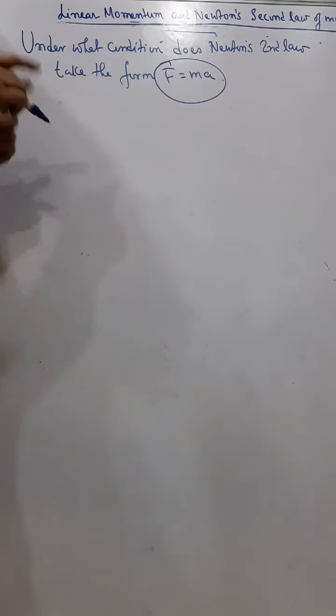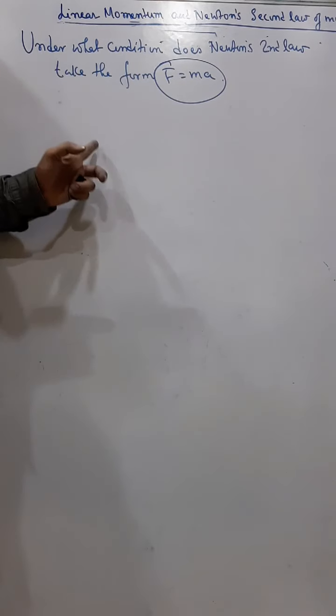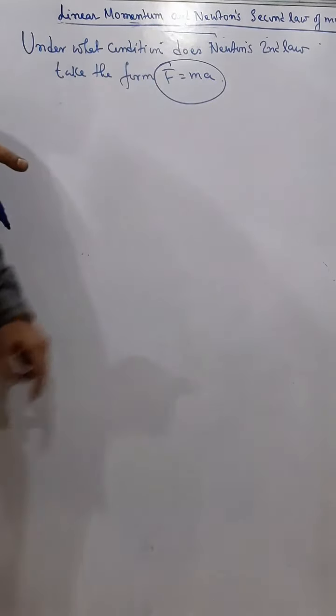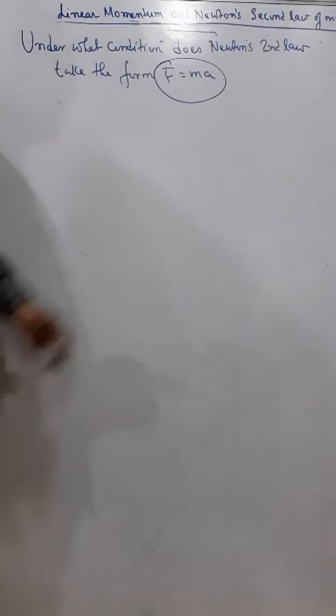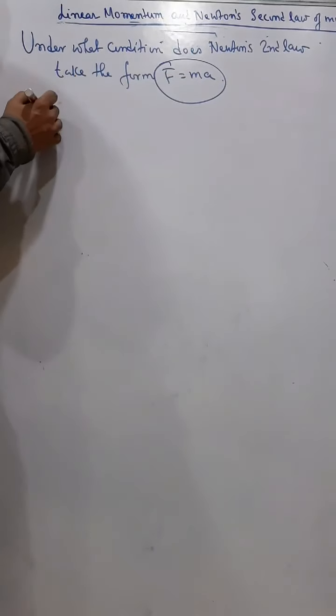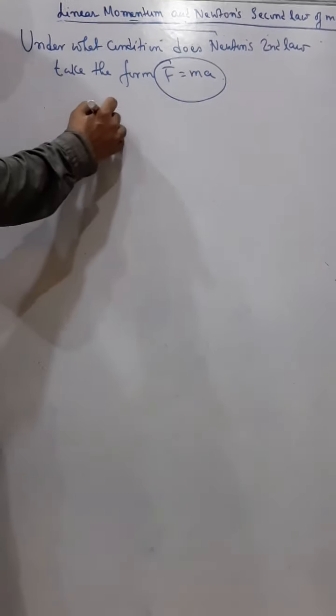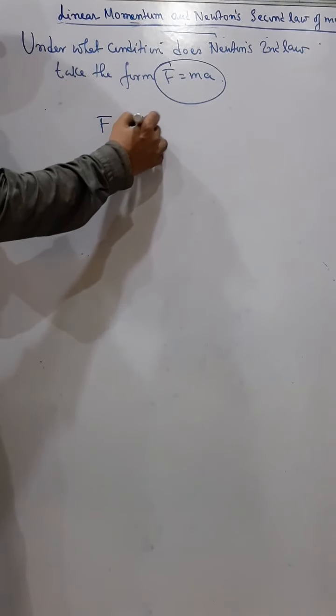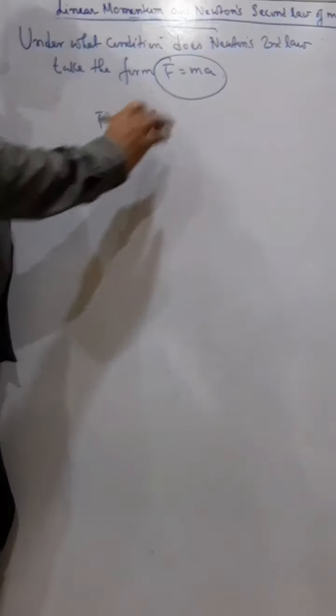Newton's second law of motion states that the force is directly proportional to the rate of change of momentum, and from the rate of change of momentum we got mass into acceleration. So that means, according to Newton's second law of motion, this is Newton's second law of motion.